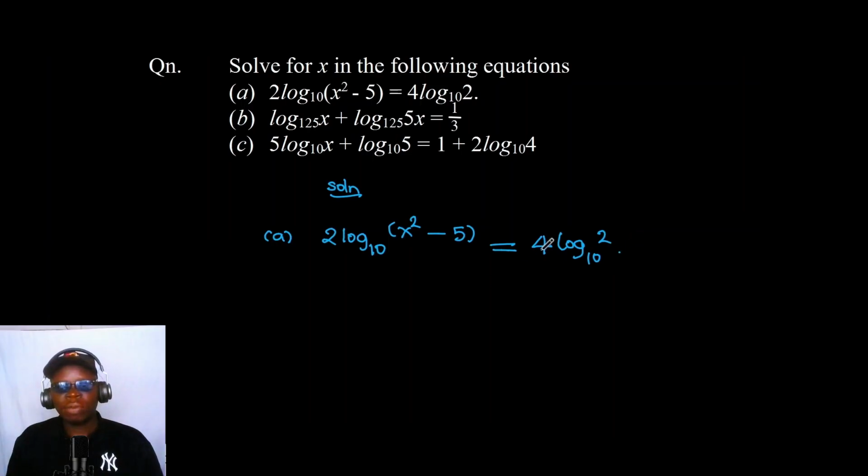Since I have 4 here and I have 2 here, these two reduce themselves. So we can cross this 2 to 2, and this 2 goes to 1.